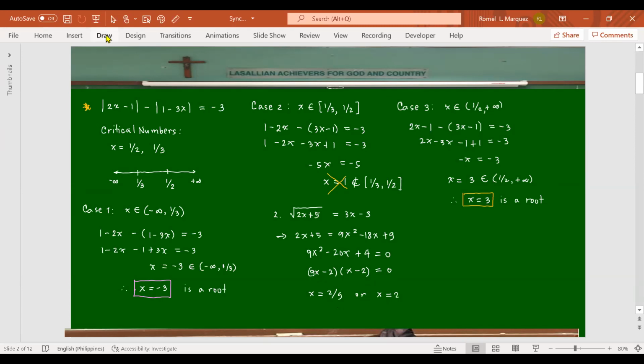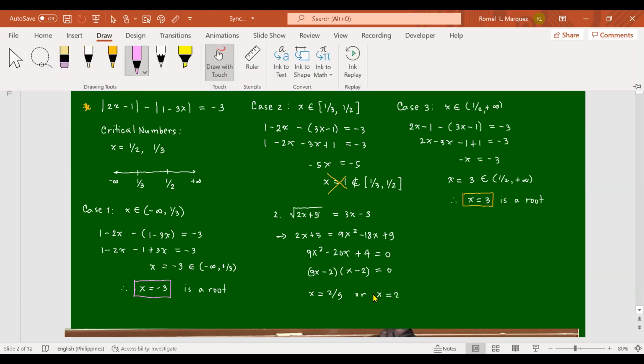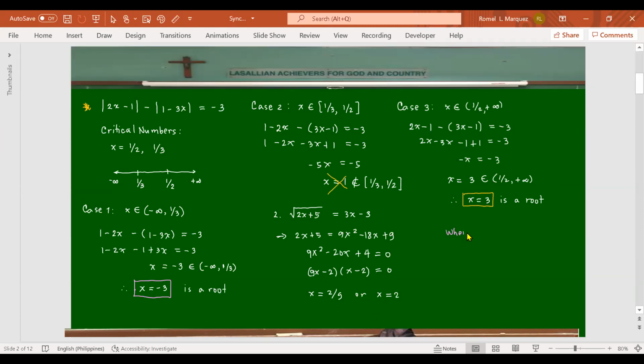I think only one will satisfy here. I do not know which one. Let's check. When x is equal to 2 over 9 first, let's use calculator. 2 times 2 divided by 9 plus 5 is 49 over 9.